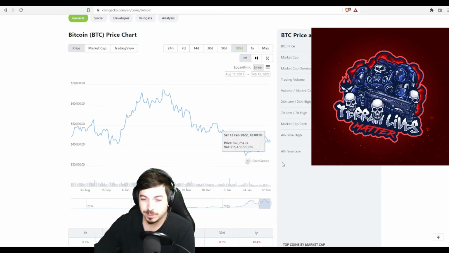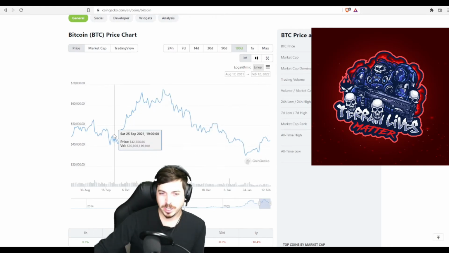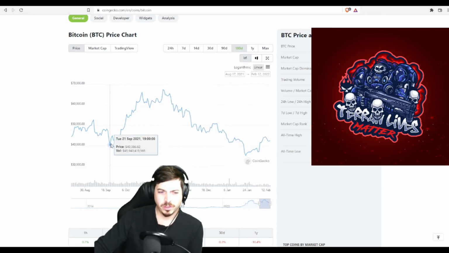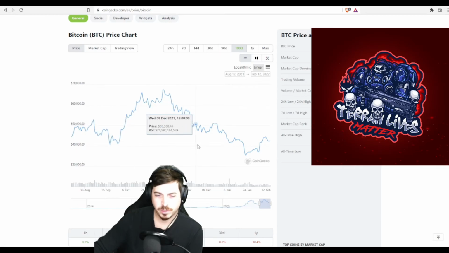The market still may go down a bit. It's kind of in the lower range here in the last 180 days. But we're still on the low side of the price difference within the last 180 days. So I would say you're safe.